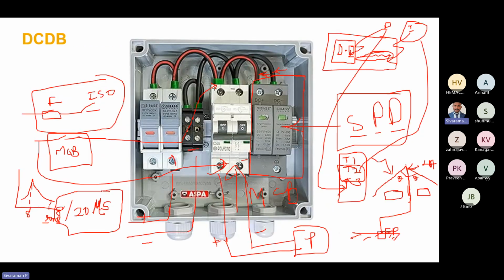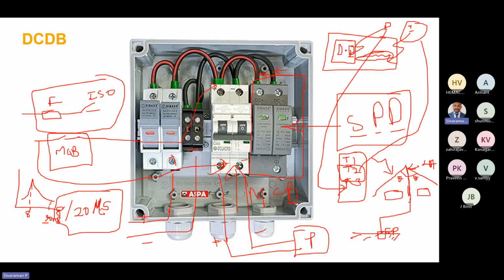Okay, so now we have come to the end of this presentation. I will summarize. In this presentation, I have explained the stringing design, how we have to do the stringing for an inverter of 3.9 kilowatt, considering a 300 watt panel.